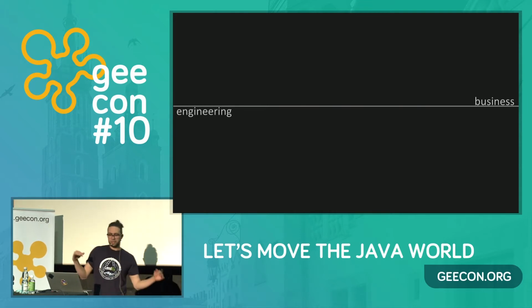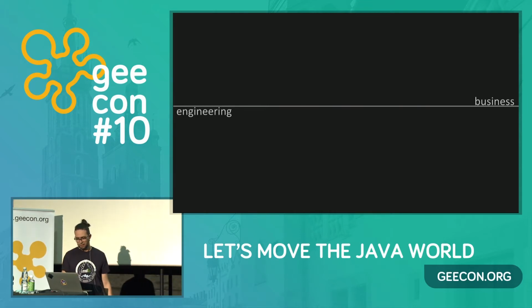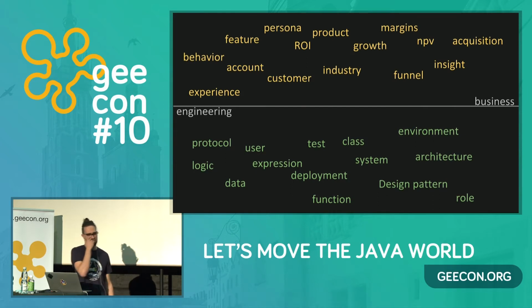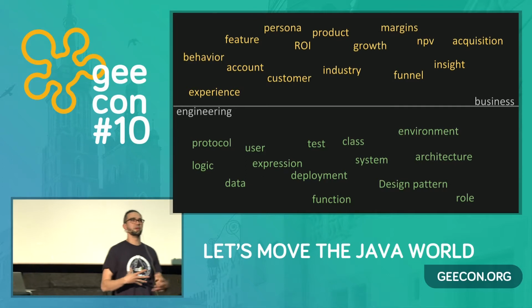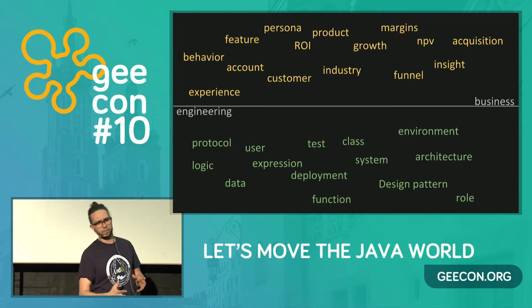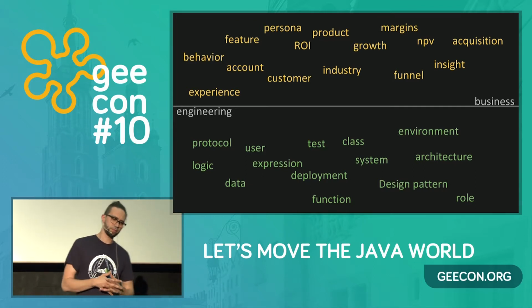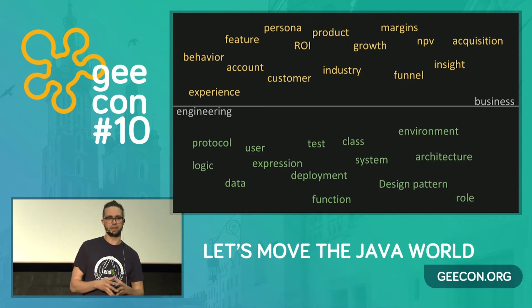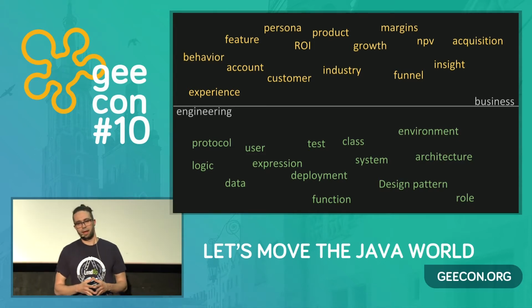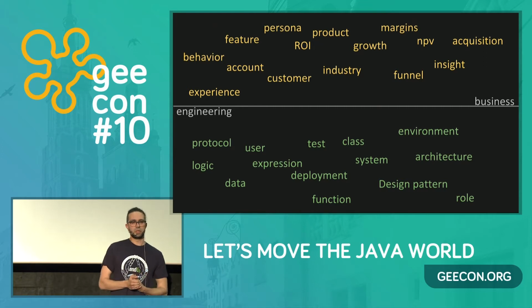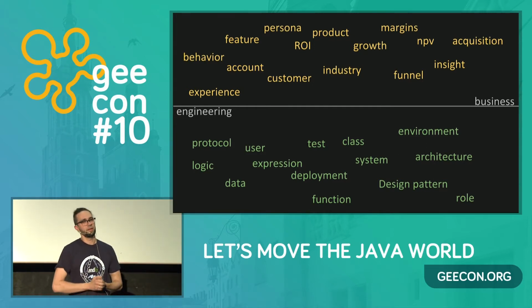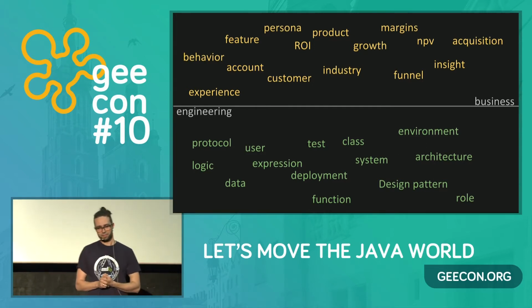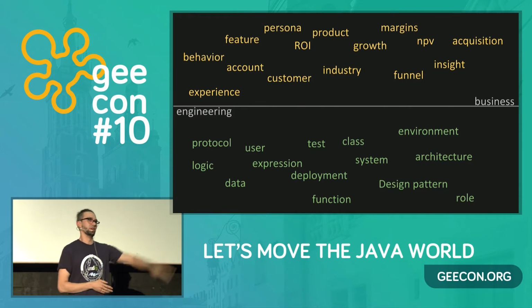So zooming in on this boundary, how engineering communicates with business, I've listed a few concepts that are used within these domains. I hope they're generic enough so that you can all relate to that. User, account, customer: hands up, who in their systems, in their code base, has a user class or user object?